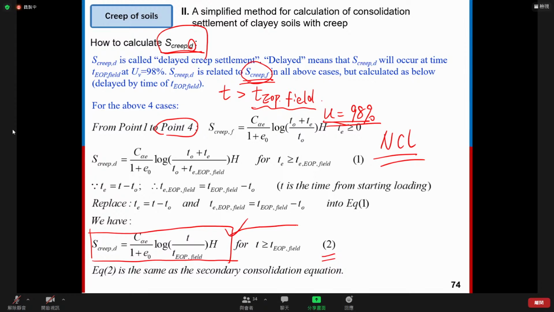As we said, S-script delay is one part of S-script final. So this equation we get from C alpha E divided by 1 plus E0 log T, where this T means the present time, minus C alpha E log TEOP at field.